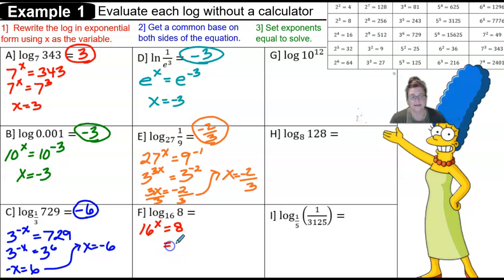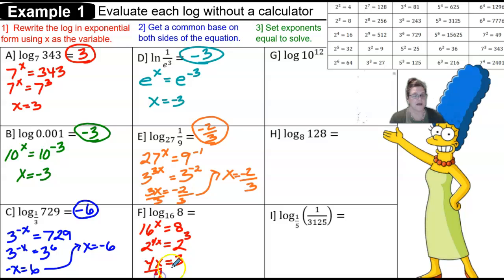Since 8 is 2 to the third power, I can rewrite 8 with a base of 2. When I look at the table, I can also rewrite 16 as a base of 2 with an exponent of 4. So the 16 to the x becomes 2 to the 4x. And now that my bases are equal, I can set my exponents equal. So then I'll have 4x is equal to 3.